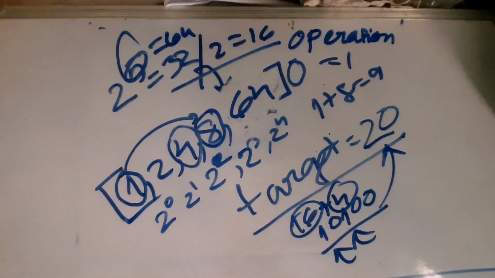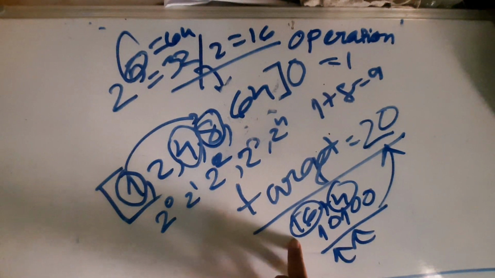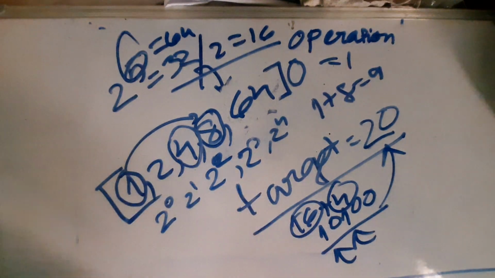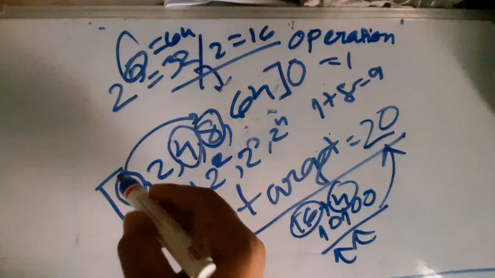So how can we do that? For doing that, we will be checking, okay, 16 is not there, but we need 16. So what we need, we will be storing that in a map or array or anything else.